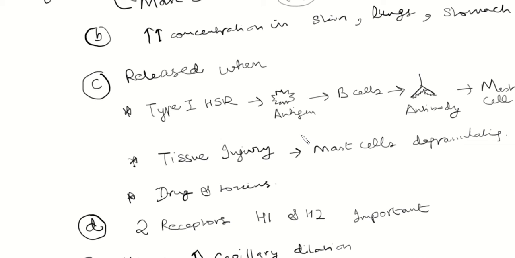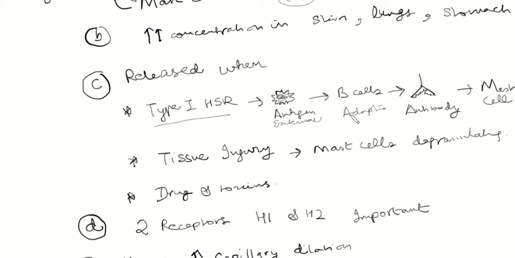So again, basically there are three ways it's released. The first one is type 1 hypersensitivity reaction. So you'd have an antigen, which is something external. And the adaptive immunity, remember adaptive immunity?